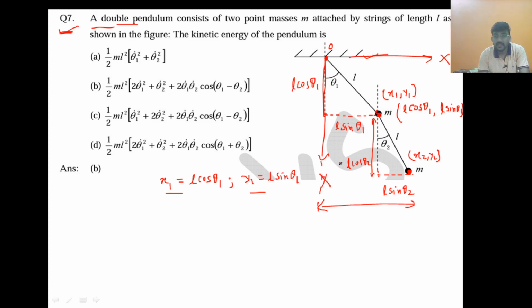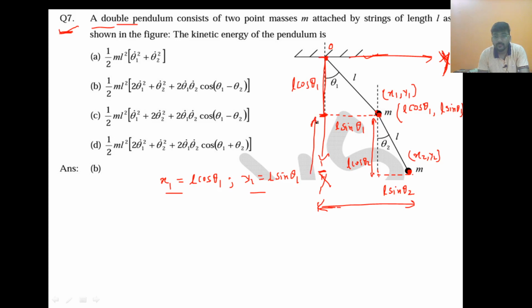So here x is L cos theta 1 from here to here, and from here to here it will be L cos theta 2.